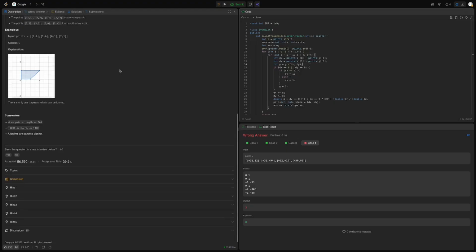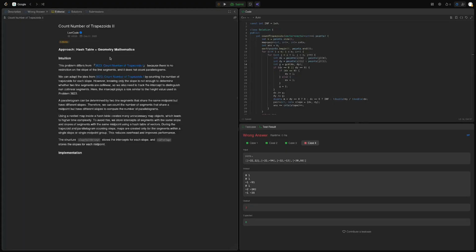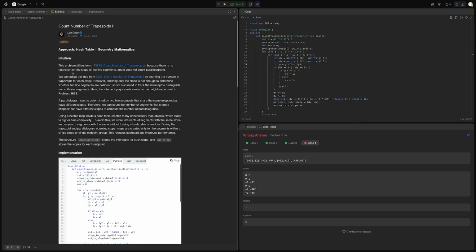I'm not sure how to store this, to be honest. So hash table plus geometry maths. That share the same midpoint?